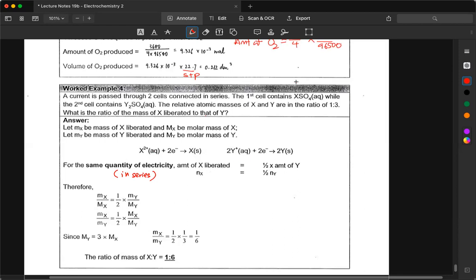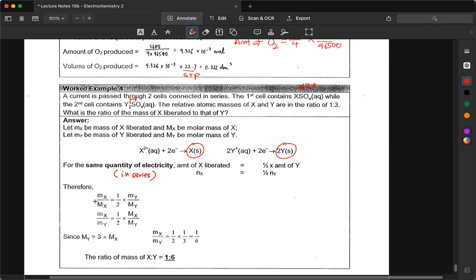But one is X2+, the other is Y+. So it is clearer if you write down the half equations, you see the ratio. If you look at this, X and Y is the ratio of 1:2. So how much X is half of how much Y.